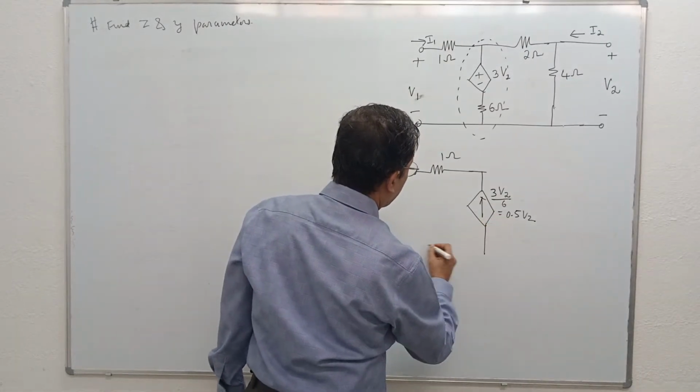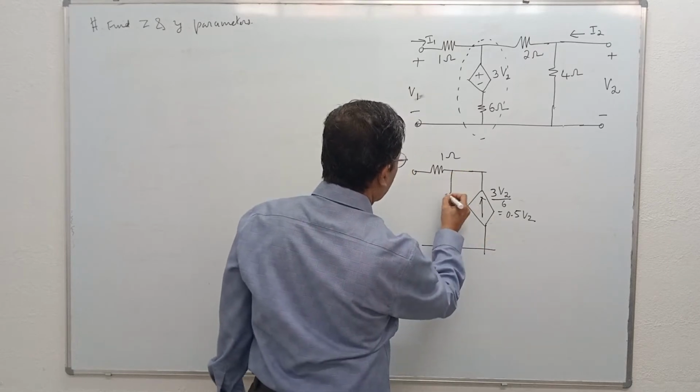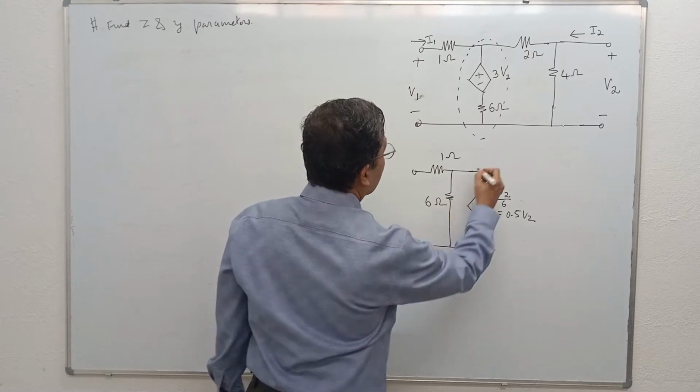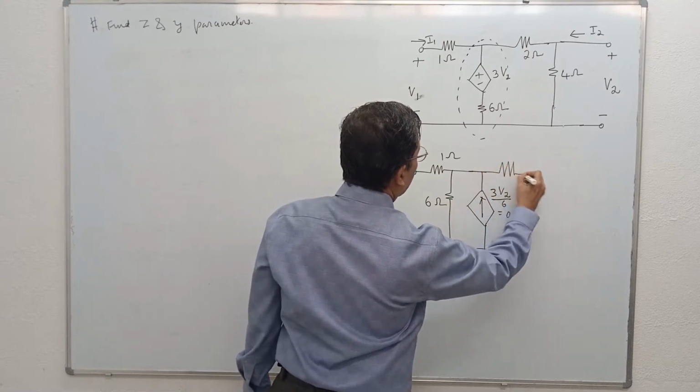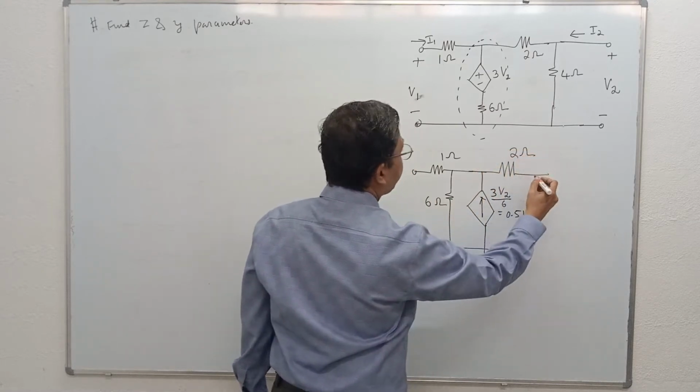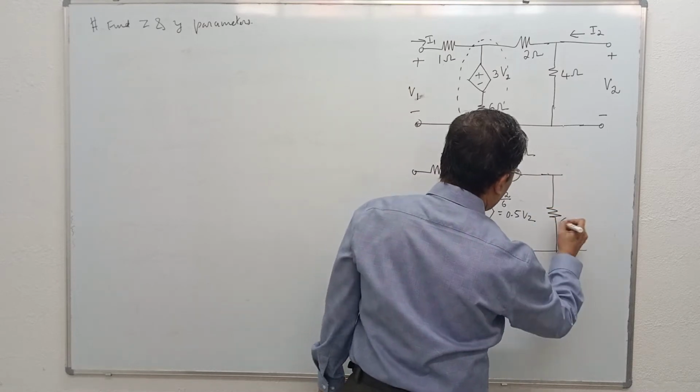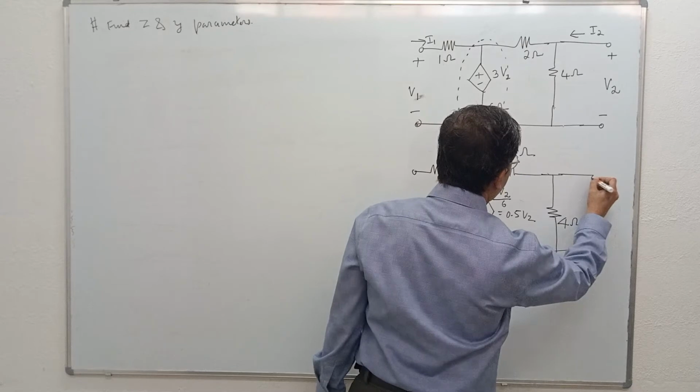The 6 ohm resistor is now put in parallel with the current source. The rest of the circuit reproduces as it is. This is 2 ohms, this is 4 ohms.